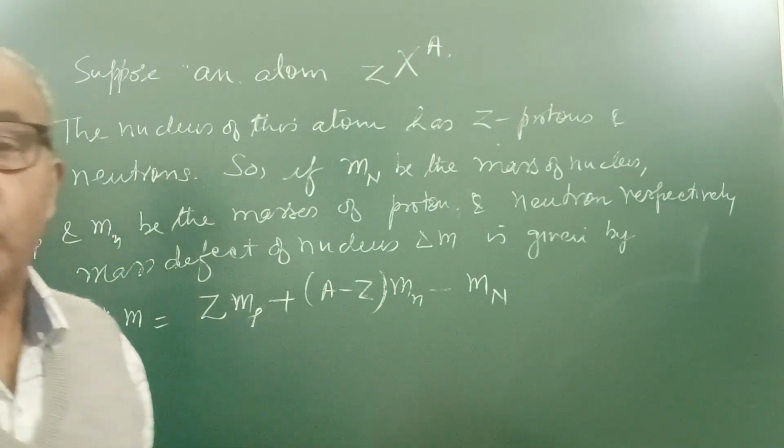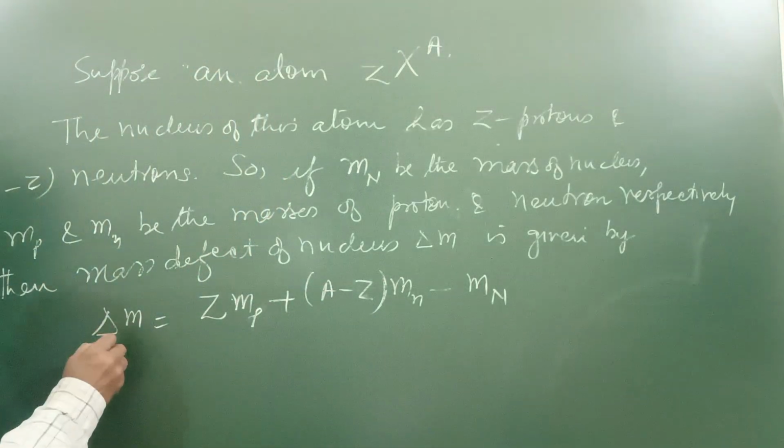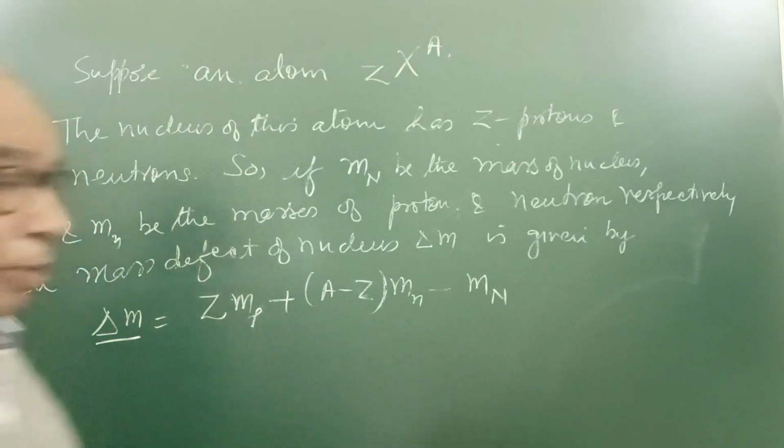Now where does this mass go? This mass is lost. Why is the difference there?